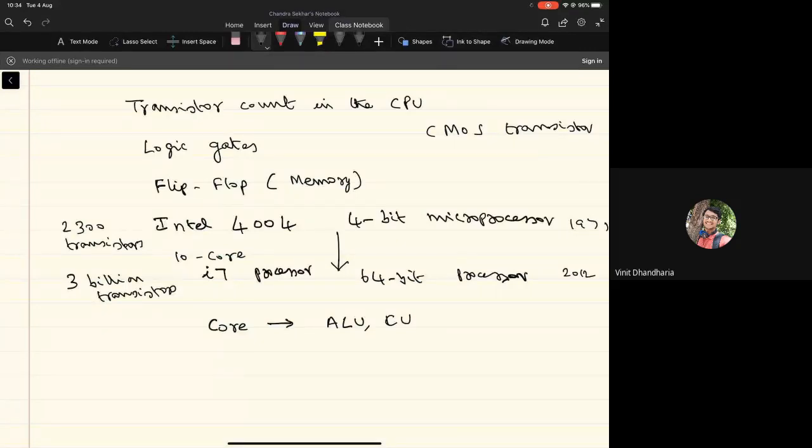The current day core actually is what is referred to as a multi-threaded core, which means that the core will have multiple ALUs and maybe only one control unit, which means that, as you can see, the core will be capable of executing several instructions simultaneously, and execution of the several instructions involves performing several arithmetic operations in parallel, right?